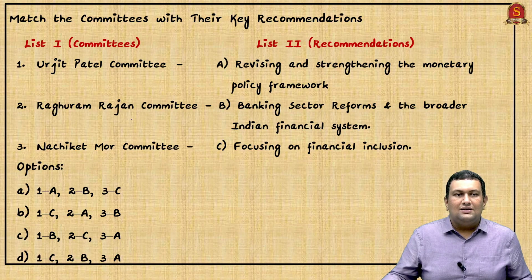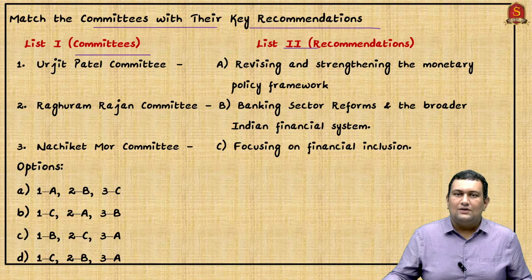Now we'll see another question. Match the committees with their key recommendation. In list 1 you have the committees and in list 2 you have the recommendations. The first committee is Urjit Patel committee, and the recommendation is revising and strengthening the monetary policy framework.